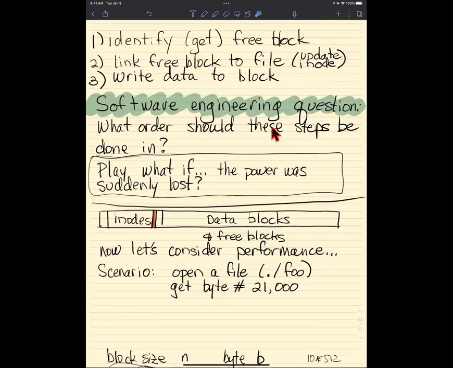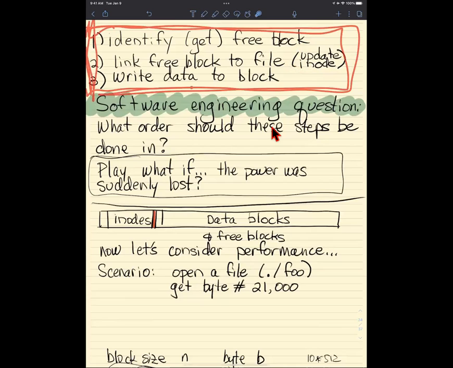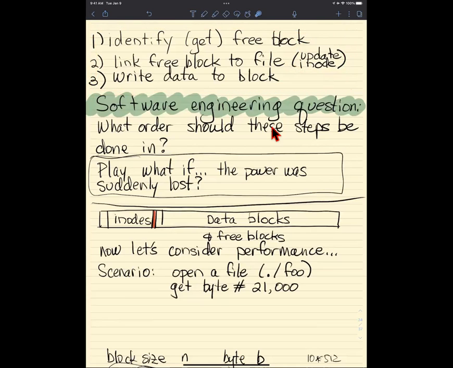Okay, so as it turned out, this, as I said, is the order of operations in the original Unix file system. And there was file system corruption all over the place. File systems would become routinely corrupted.